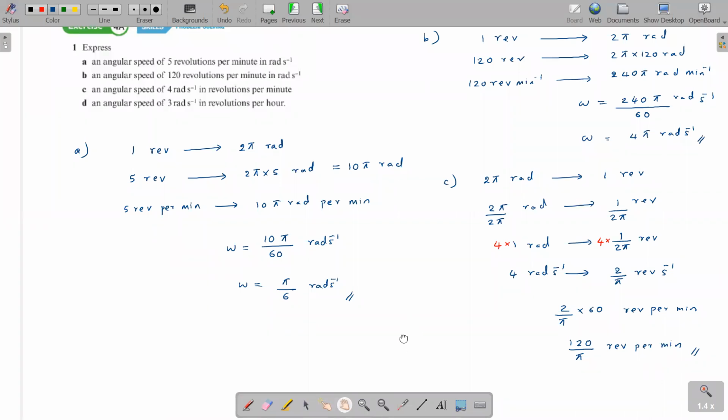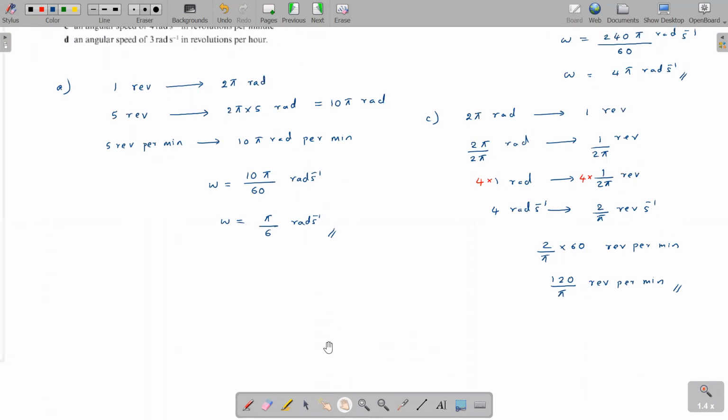Okay, so moving on to part D, an angular speed of 3 radians per second in revolutions per hour. So basically 2 pi radians is 1 revolution, and then we divide both sides by 2 pi to make it 1 radian. So 1 radian is 1 over 2 pi revolution and we need 3 radians, because the question is 3 radians per second.